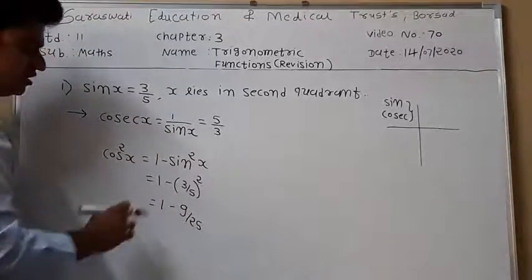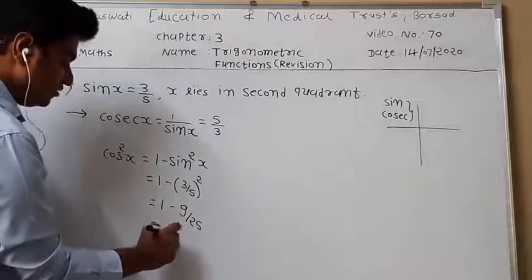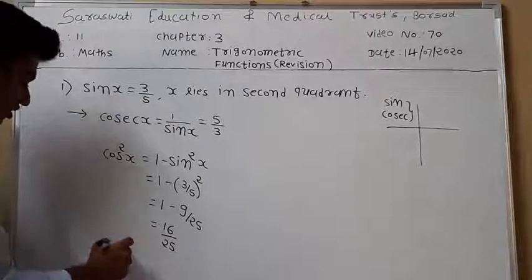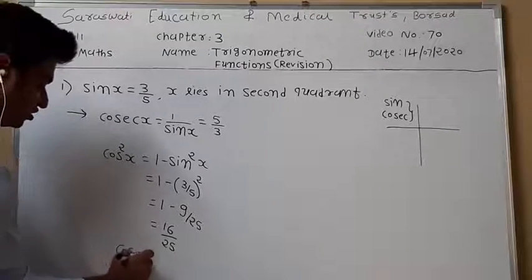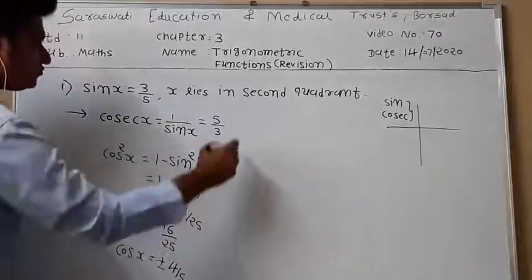Now we can take LCM, so 25 minus 9, that means 16 upon 25. Therefore, taking the square root, cos x is equal to plus minus 4 upon 5.